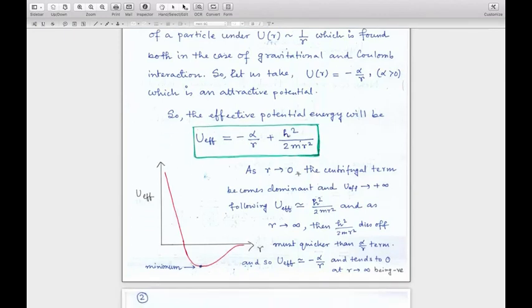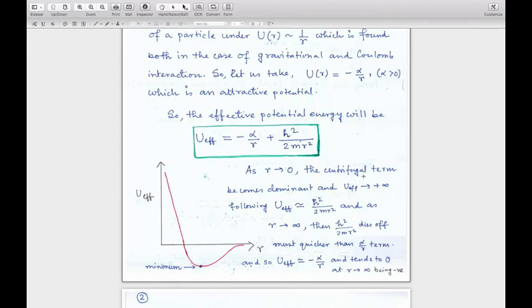Let us now study how U effective behaves when the usual potential law is minus alpha by r. As you can see, as r tends to 0, the centrifugal term becomes dominant, because r is very small and approaching 0 being positive, so 1 by r square will be much greater than 1 by r.